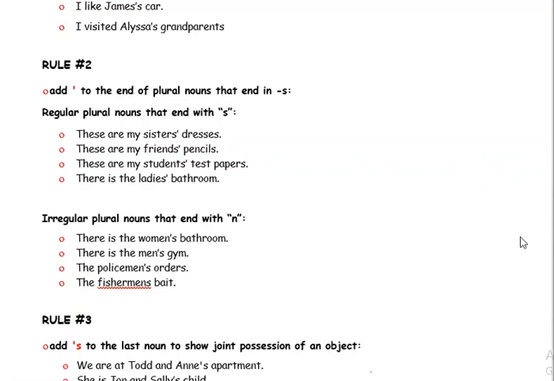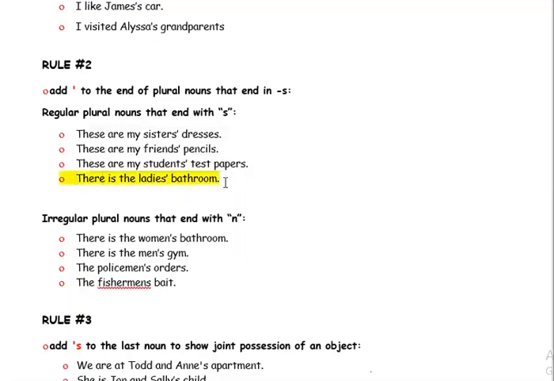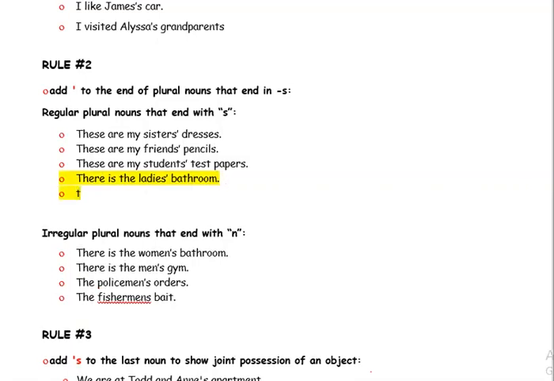Okay, I'm going to wait for a few of your responses. Try again. And then if you guys get it wrong, I'm going to give it to you. Okay, I think you guys are a bit confused. So I want you to take this sentence that I've highlighted and give it to me in a singular form. So I'm going to give you the first few words, right? There is the lady bathroom. But show me that this bathroom belongs to the lady.